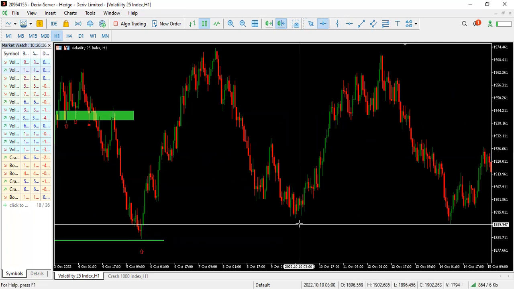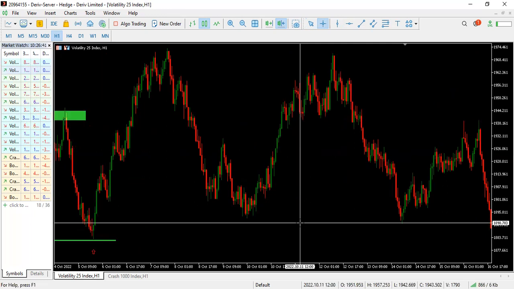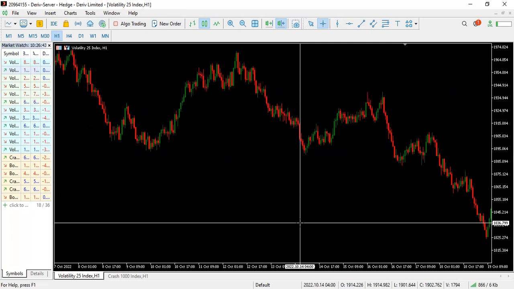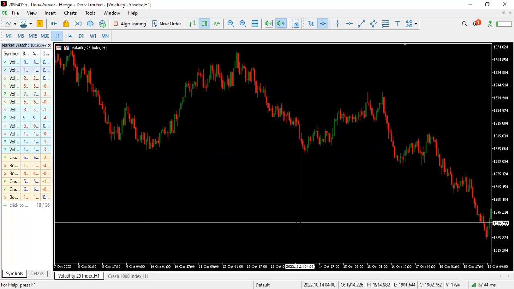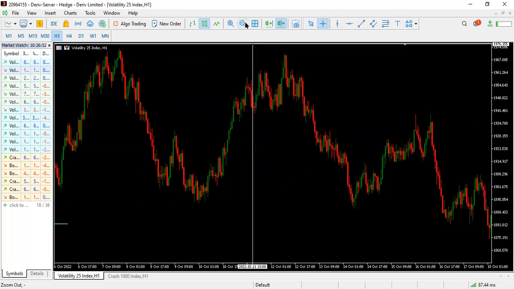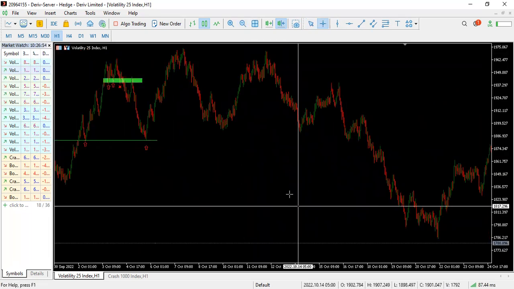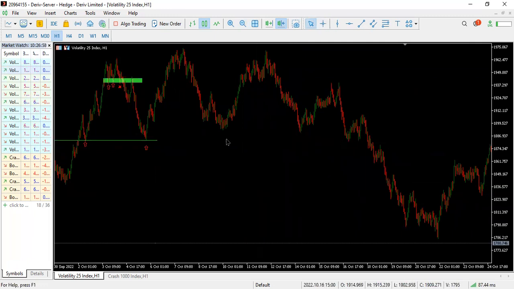It turns somewhere. And then let me see. The level is not the same. Even if I zoom out, let's check again. Now, here's the same level.